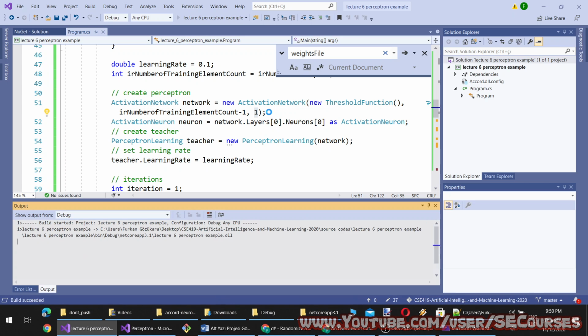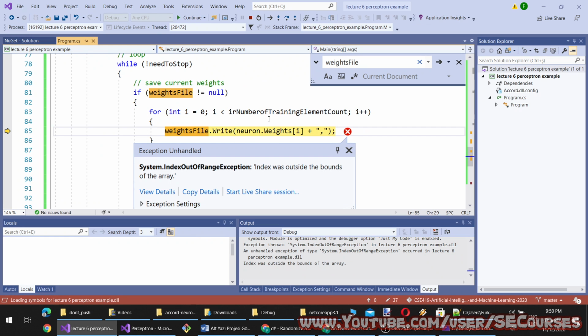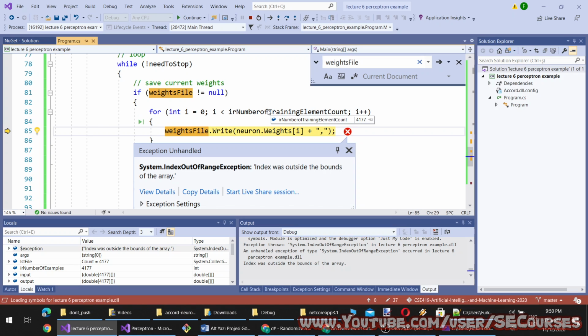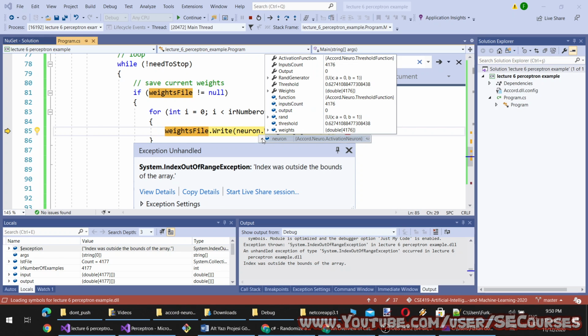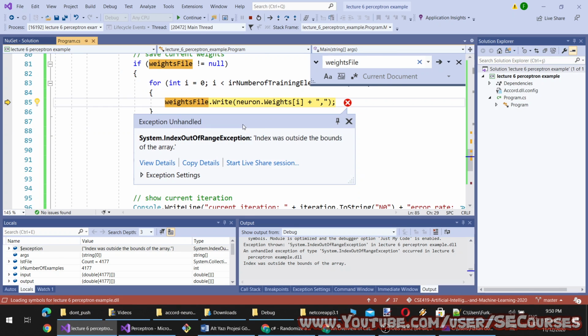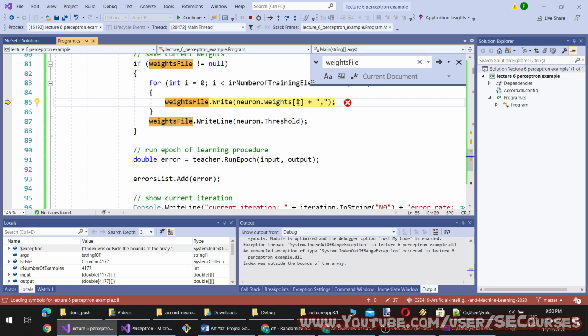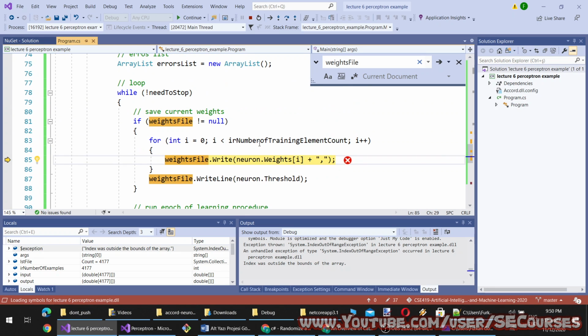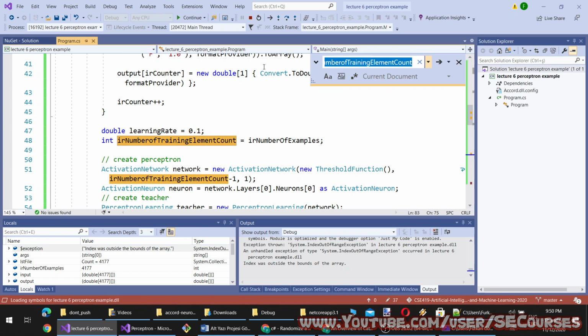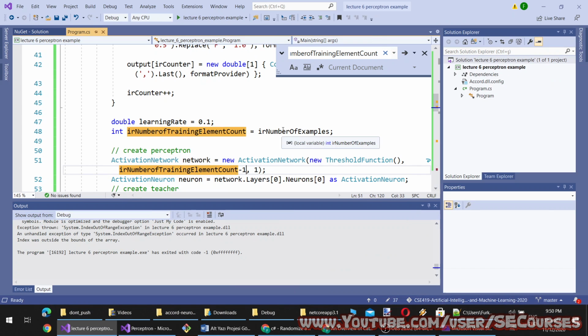Let's see the error rate. Okay, neuron weights. Okay, the neuron weights are like this. And what is the error? Index was outside the bounds. Okay, I need to set this -1 so it will work.